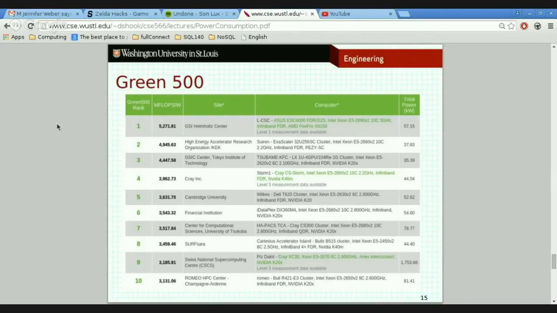Another thing to notice about these computers that you see on here, almost all of them are using some sort of GPU. So if you look at the top one, starting with number 3 and working your way down, you see NVIDIA K20X for number 3, NVIDIA, right?